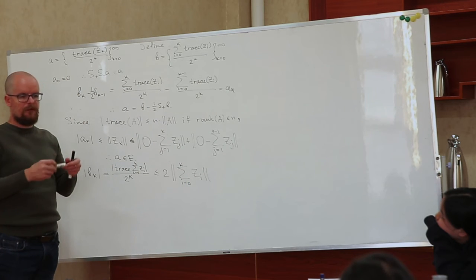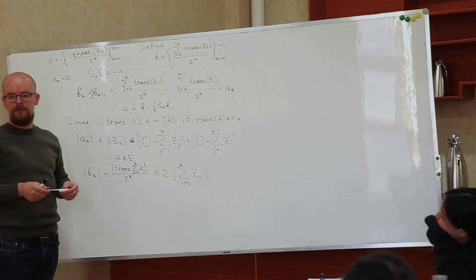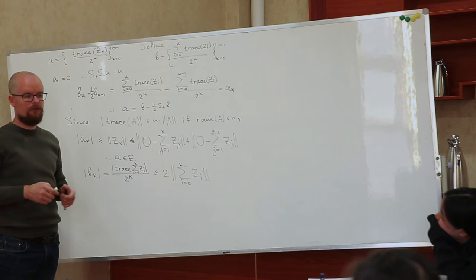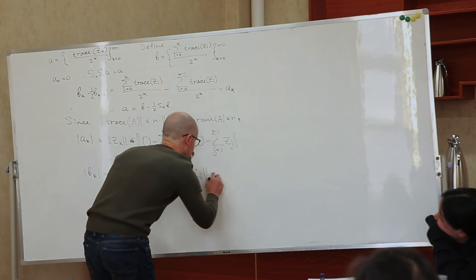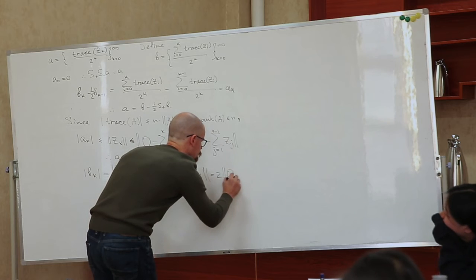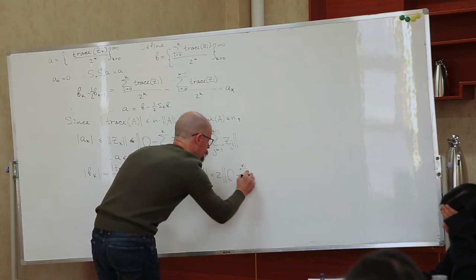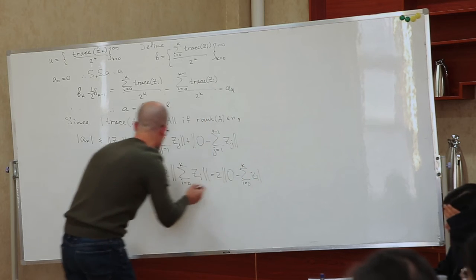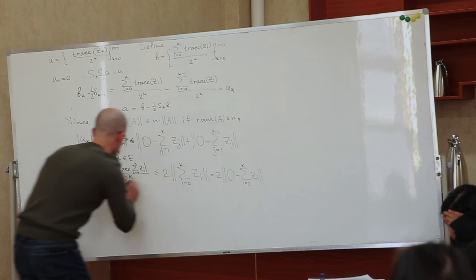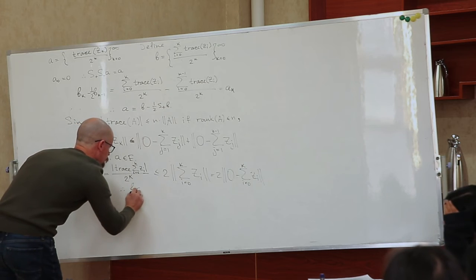But Z is again still the E representation of the zero operator, so I can write it as before, and again conclude that B is in E.